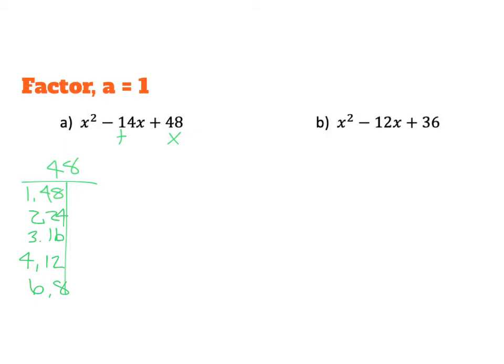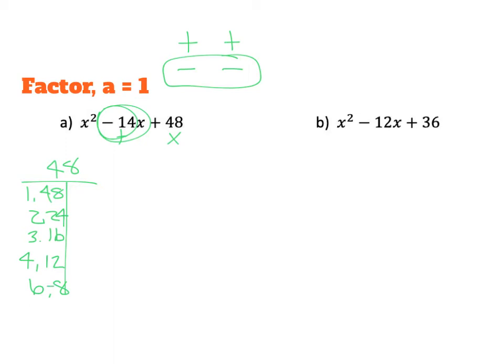Now, we know that we're multiplying to a positive number. So the only ways that we can multiply to a positive is by a positive times a positive, or a negative times a negative. But since we see that we're adding up to a negative number, we know we have to have 2 negative signs here.